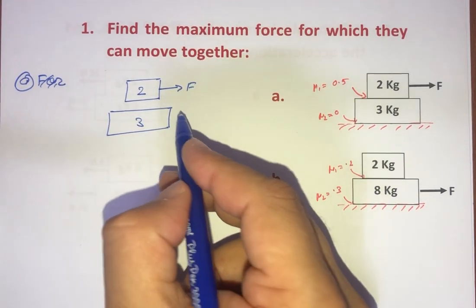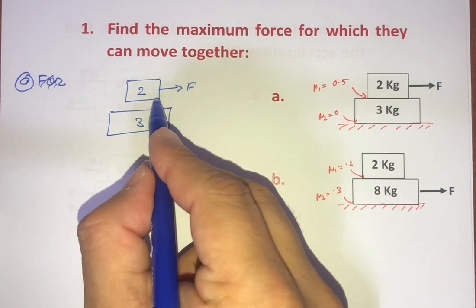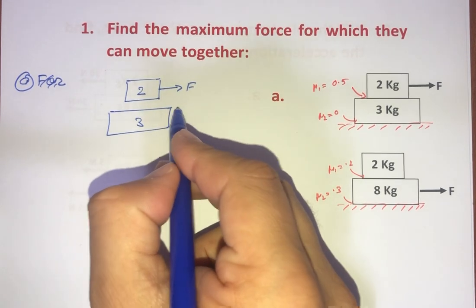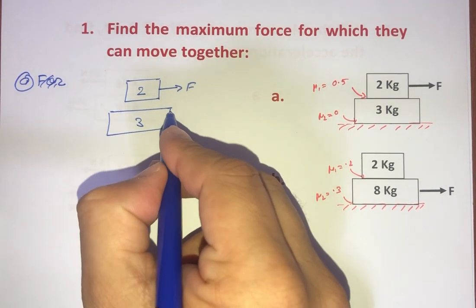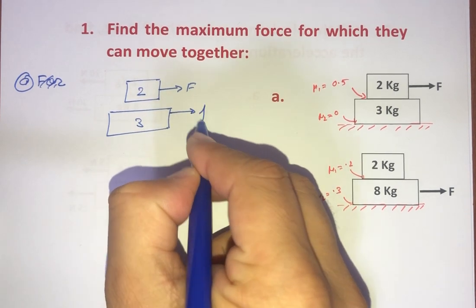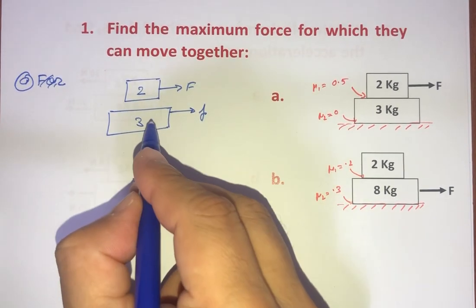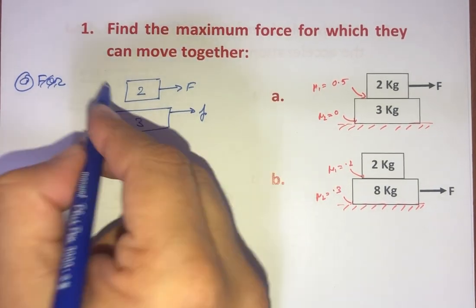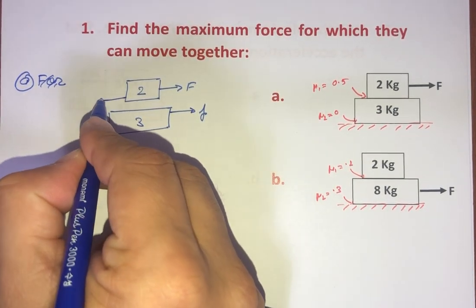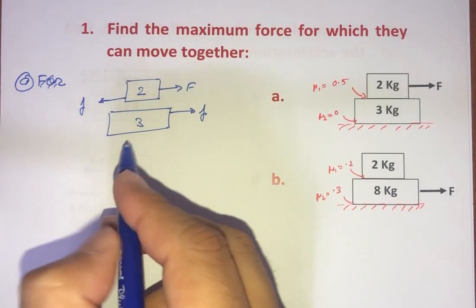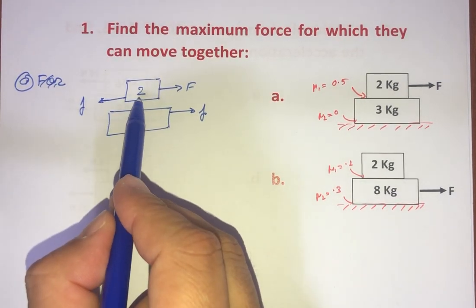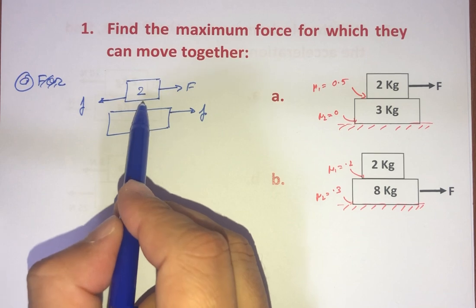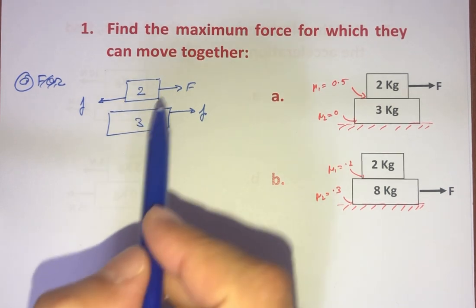Because of that, the 2 kg block will try to move the block of 3 kg in the forward direction with the help of friction. Let us suppose the friction force is F, and as a result there will be an equal and opposite force of friction acting on the block having mass 2.